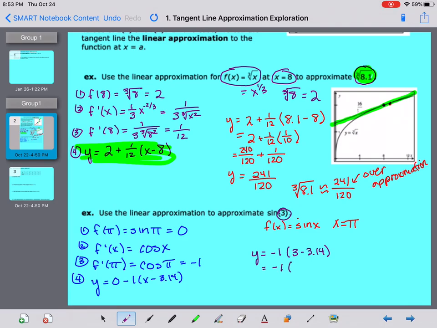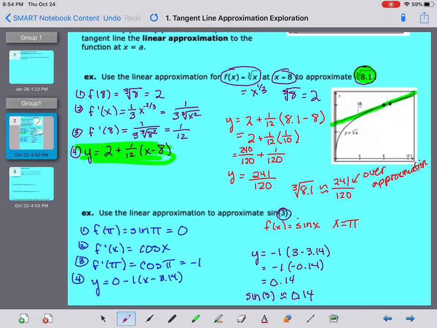So -1 times 3 minus 3.14 gives us -0.14. And then when we multiply those, we get positive 0.14. So that means the sine of 3 is approximately 0.14. Okay, so something that we can't calculate, but we can approximate to a pretty good approximation.